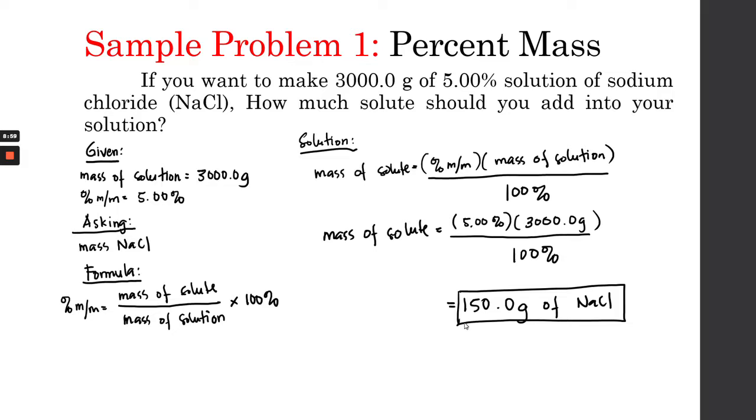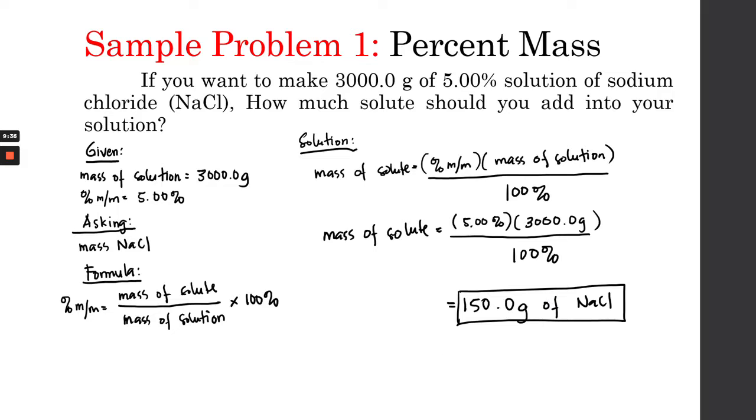In real life problems, this is how you actually use percent mass. Usually your professor or your research professor would tell you to make a certain amount of a certain percent solution, and what you need to do is identify how much solute you have to add to your solvent to make that solution. In this case, to make 3,000 grams of a 5% solution, we have to add 150 grams of solute.